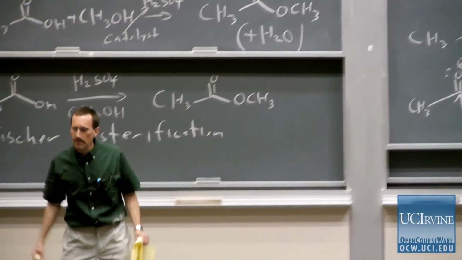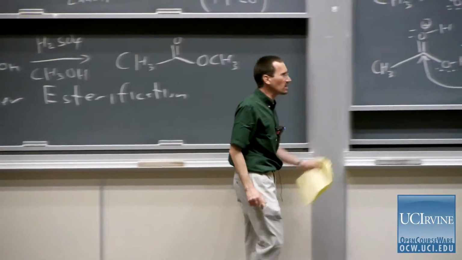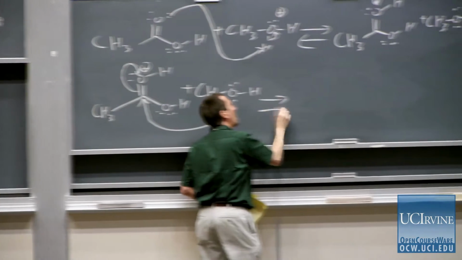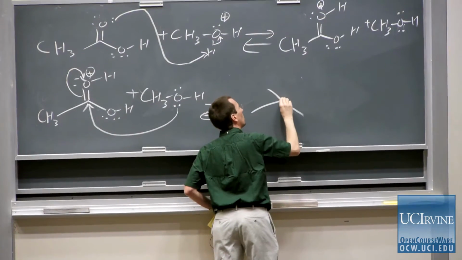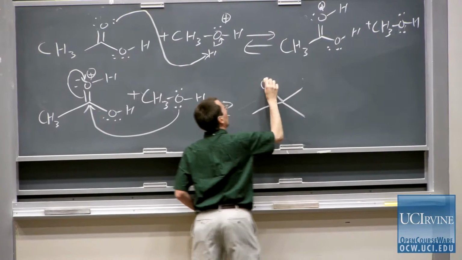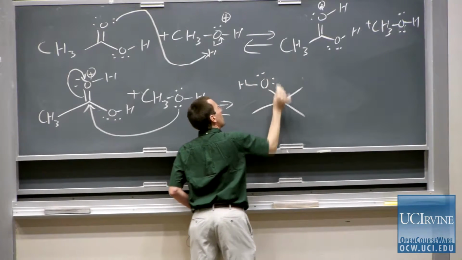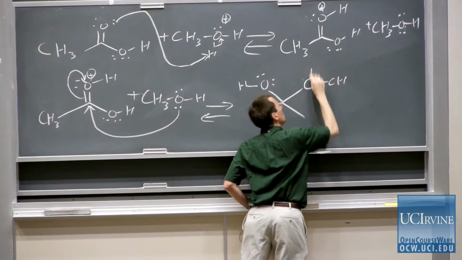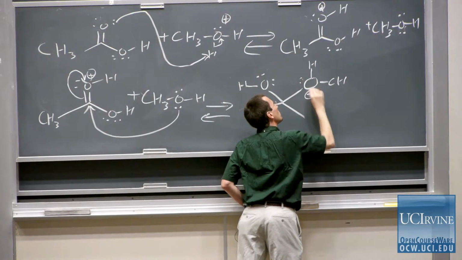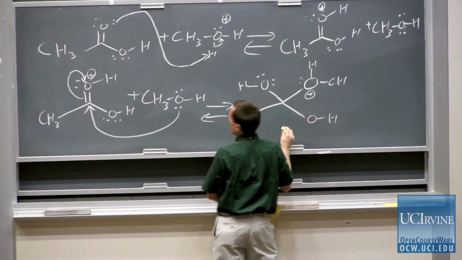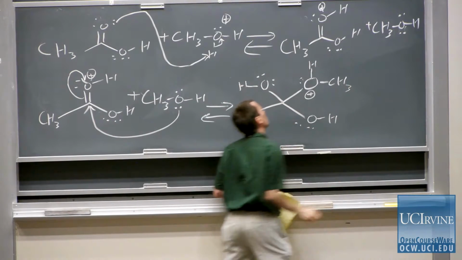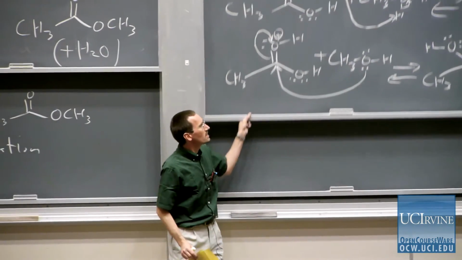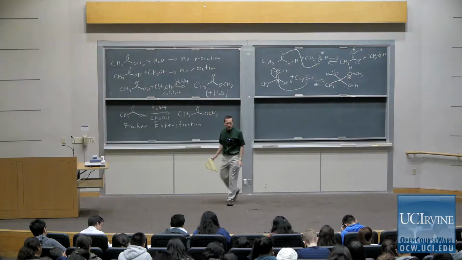We start to form a bond, but concurrently, because we can't have 10 electrons around the carbon, electrons flow up onto the oxygen atom. So we get an OH group here, and we get a methoxy group with a proton and a positive charge on it, and another OH group, and I will try to be as good as I can about keeping track of all of my lone pairs of electrons. So we formed a tetrahedral intermediate.